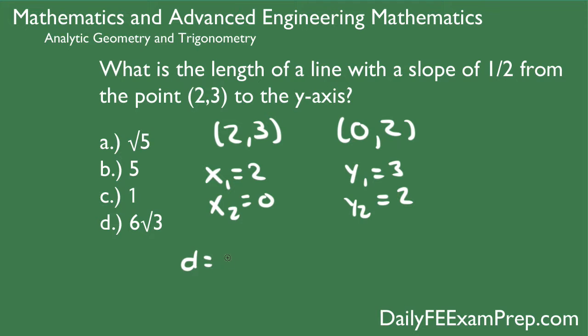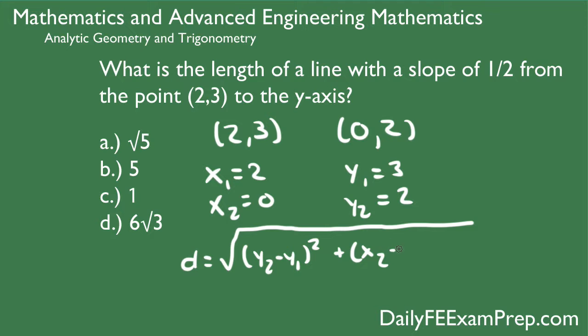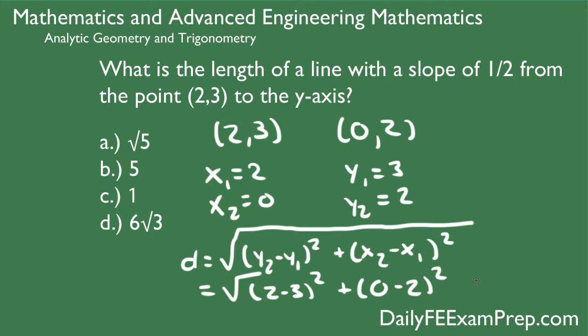So we have d equals the square root of y2 minus y1 squared plus x2 minus x1 squared, which equals the square root of 1 minus 3 squared plus 0 minus 2 squared, which equals the square root of 4 plus 4, which equals the square root of 8.